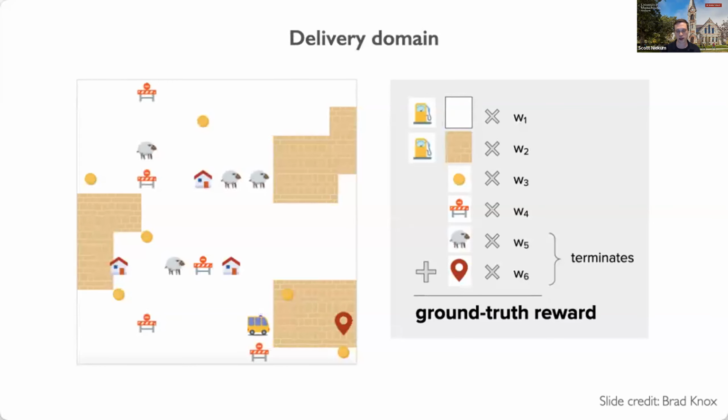To figure that out, we performed a human study in a simple delivery domain where a little bus is supposed to take a delivery to a particular spot in the grid. There are things like obstacles that you lose points for hitting, coins that you gain points for picking up, etc. And we tell people what the cost or the reward for each of these features is.